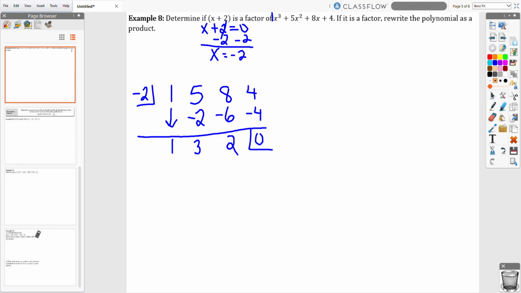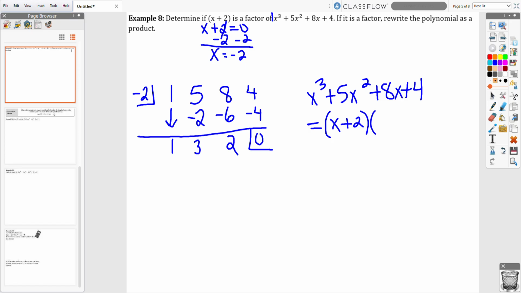So up in the directions, it says we can rewrite this polynomial as a product, which is two things being multiplied together. So this polynomial right here, x cubed plus 5x squared plus 8x plus 4, can be rewritten as a product, and that product is going to be the divisor, x plus 2, times the quotient when we divide by x plus 2.